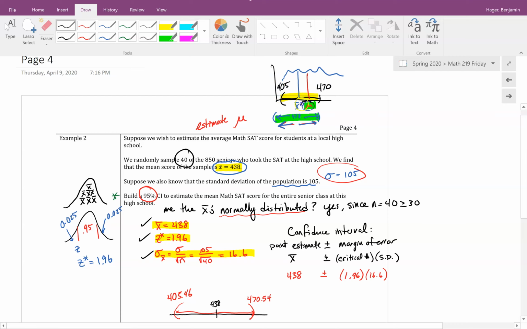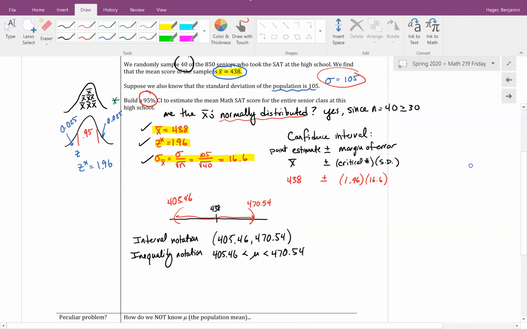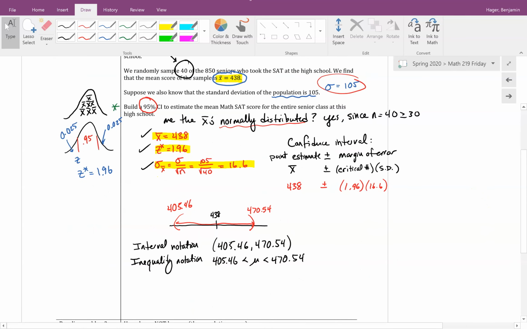And we're pretty darn confident that we captured the mean in there. Again, it's not guaranteed. It just means that if we were to sample 40 students from the school 100 times, 95 of those times we would scoop up the correct answer. 5 of the times we'd miss. So we feel pretty darn good that we got it here.